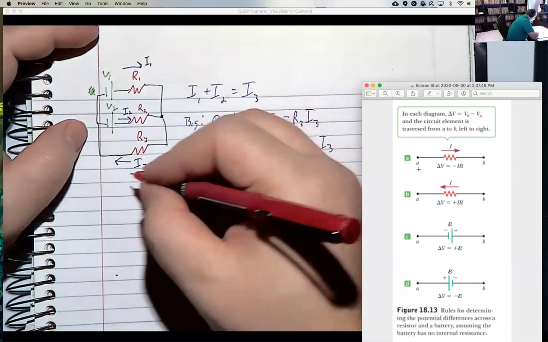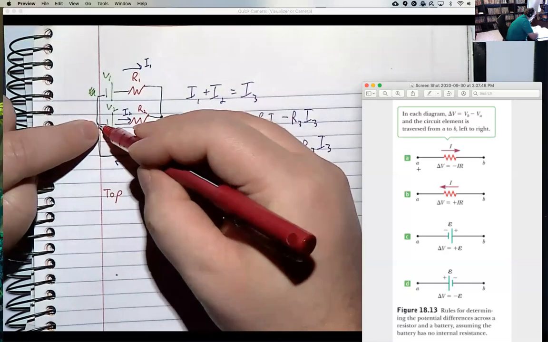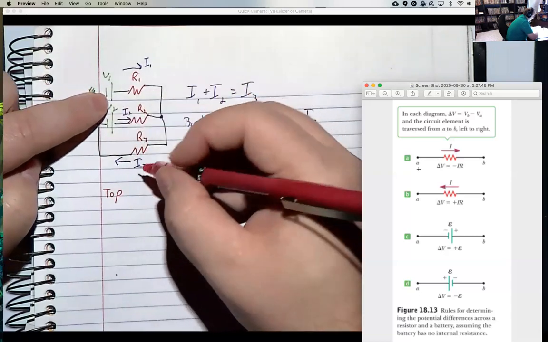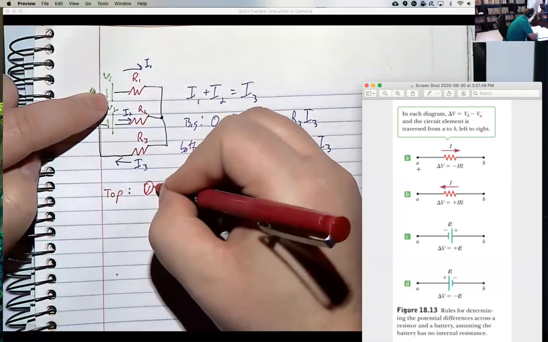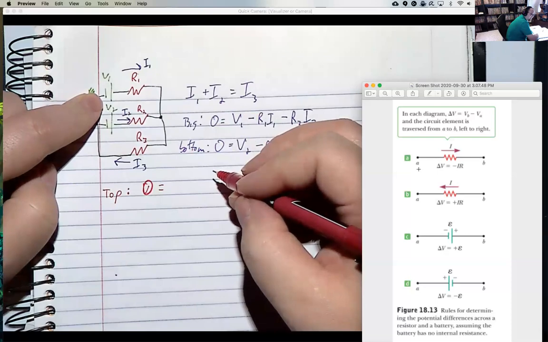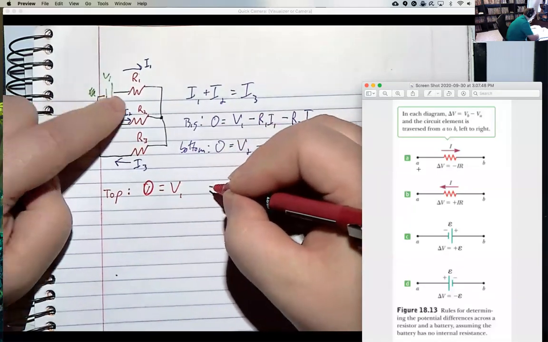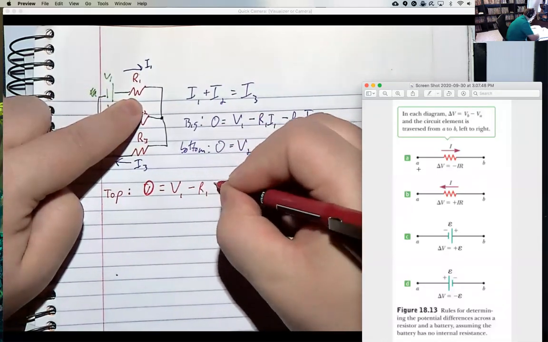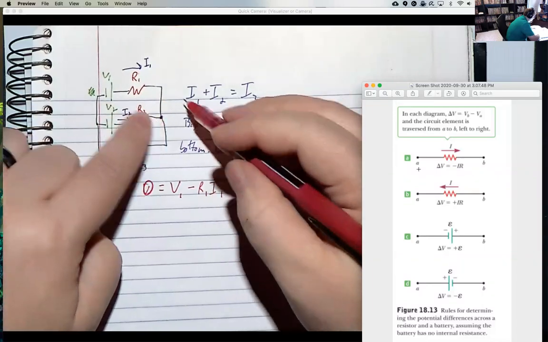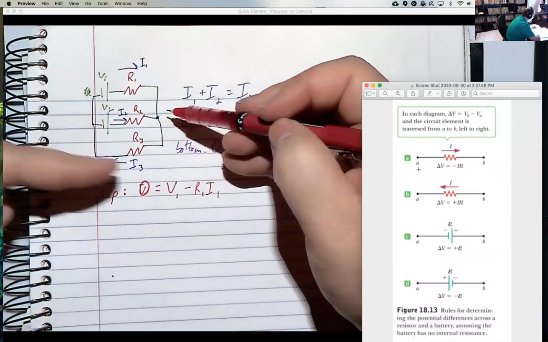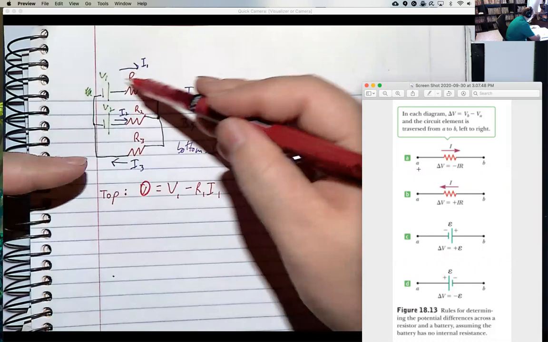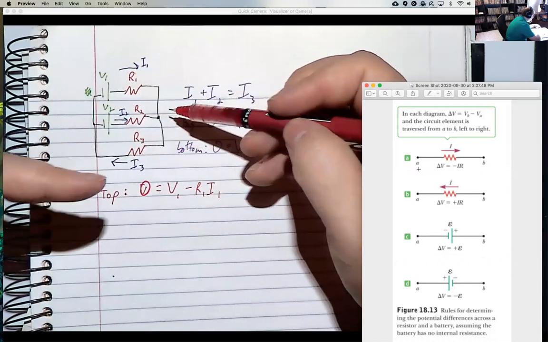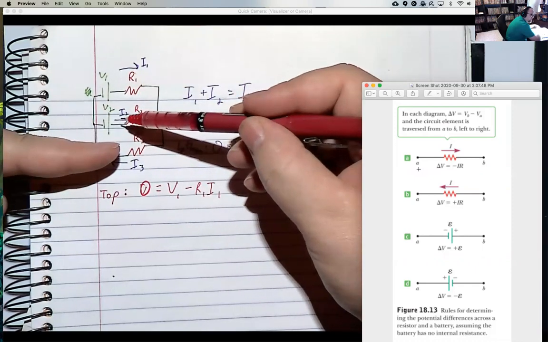The top loop, if I start here and go up, I say, okay, I equals 0. I go over the battery. I go across R1, I1. But if I keep going around, if I do this loop, you're going to see that the current's to the right and I'm moving to the left when I make this loop. That means I'm going against the current in my loop.